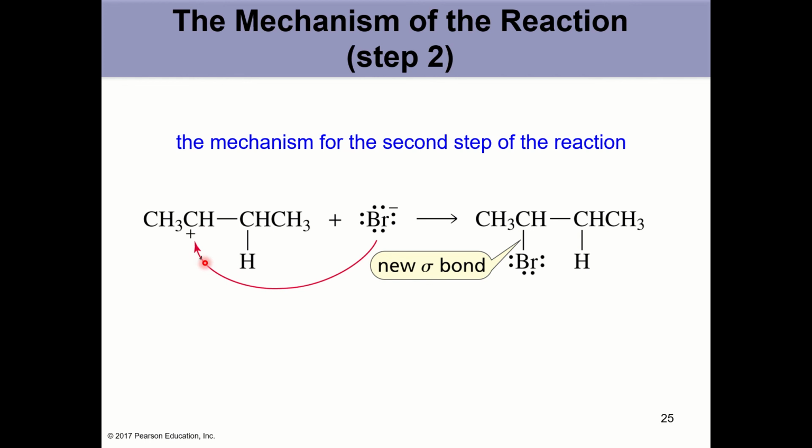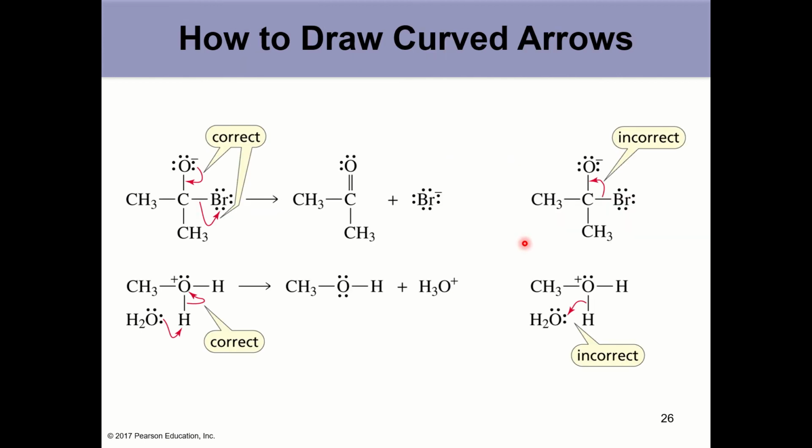The arrowhead should always point at the final destination. So for the second step of the reaction, we form this new sigma bond that is indicated. Be sure to always draw your curved arrows correctly.